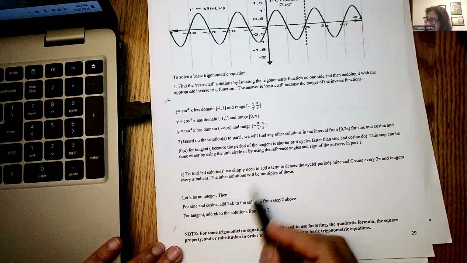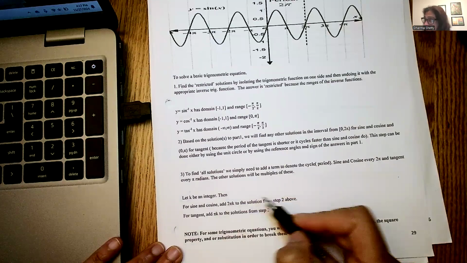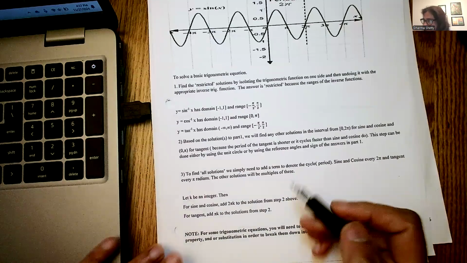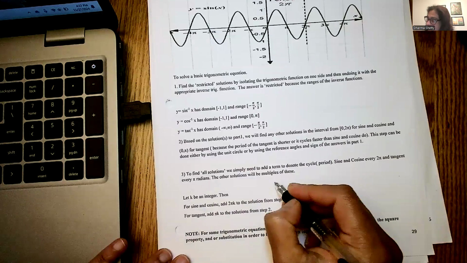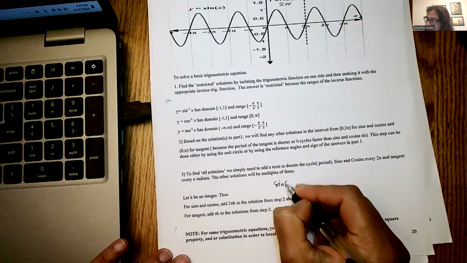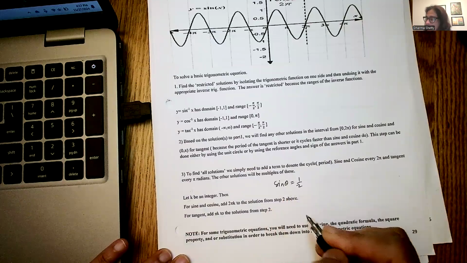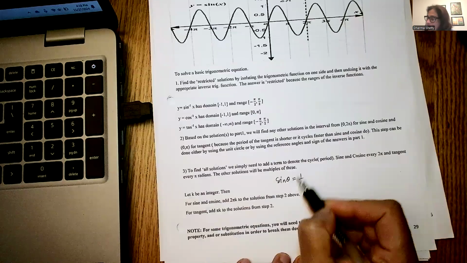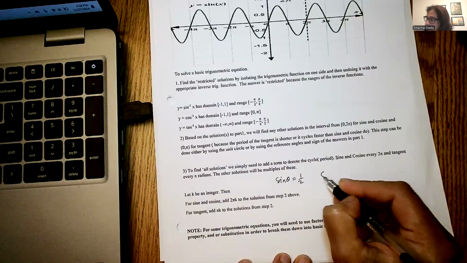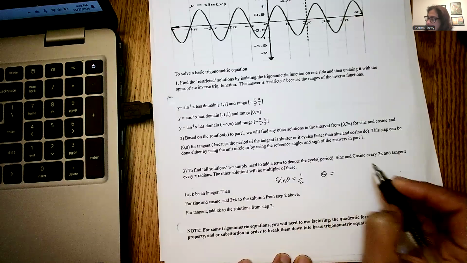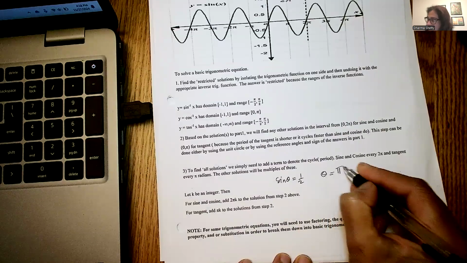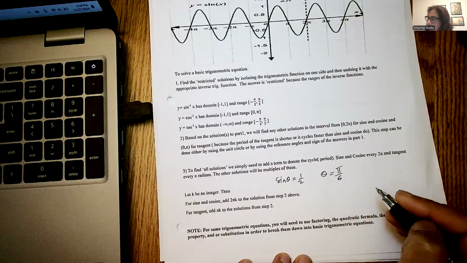So let's say we found an angle where sine or cosine is a particular value. Let's say I found sine theta is equal to 1/2. Then we know that theta is going to be pi/6, right?